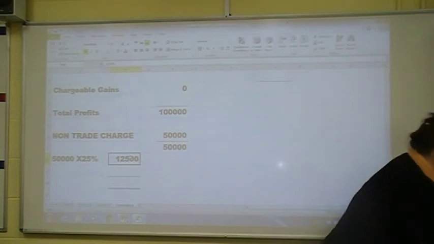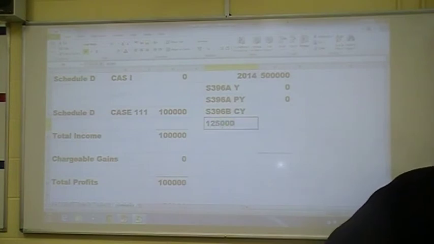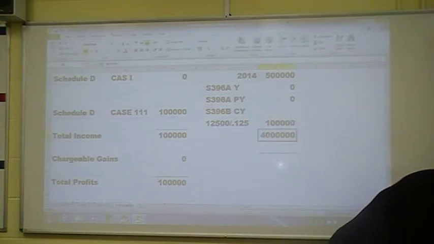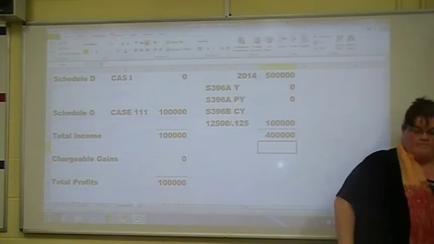So we will see how much of that we actually need to shelter, that 12,500. So 12,500 divided by 12.5%, which is actually 100,000, isn't it? Which leaves us with 400,000 of a loss to be carried forward.